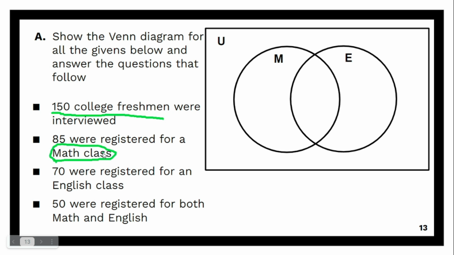And then 70 were registered for an English class. And 50 were registered for both math and English. Okay, so ibig sabihin, 150 lahat ng bata, 85 yung sa math, 70 yung sa English, at 50 yung parehong math and English ang pinili.